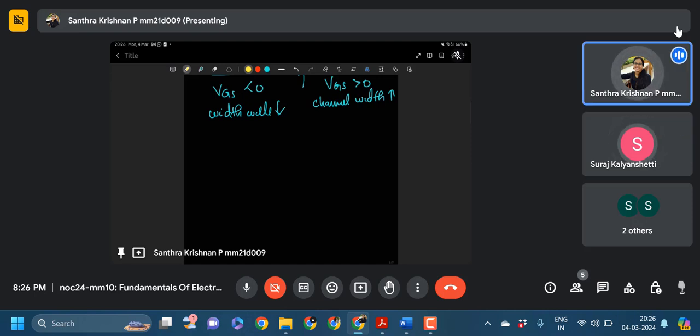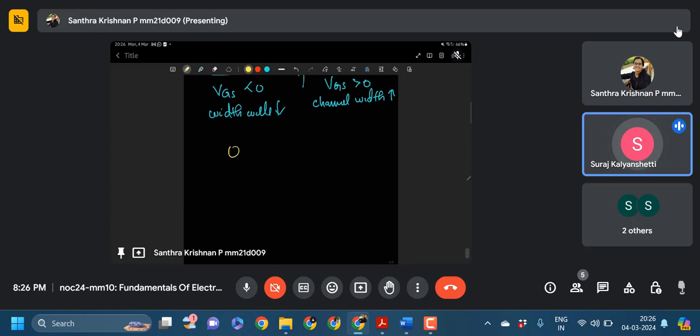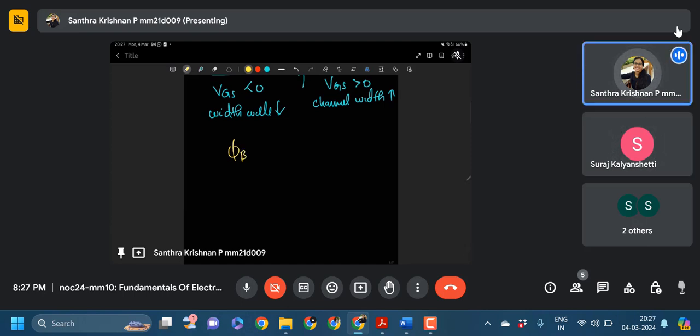So let me ask sir whether they can include it for this part. Do you want the equation for phi D to be added? Then the equation for PS to be added, right? These two. Okay, let me talk to sir.